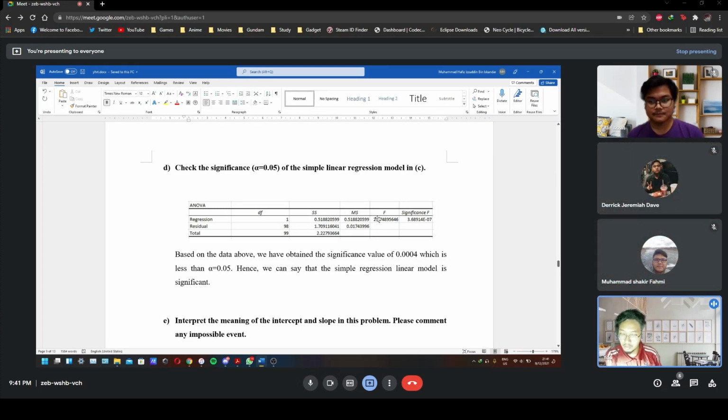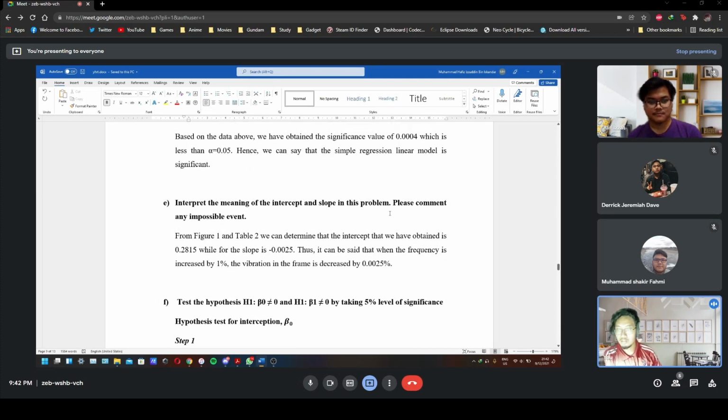As you can see from the data above, we have obtained a significance value of 0.0004, which is less than 0.05. Hence, we can say that the simple linear regression model is very significant.